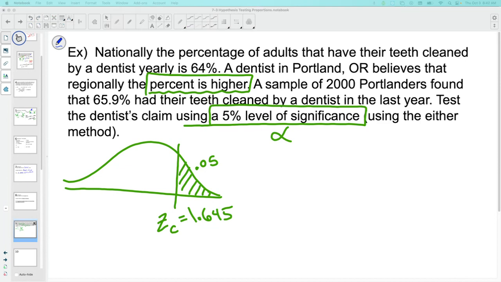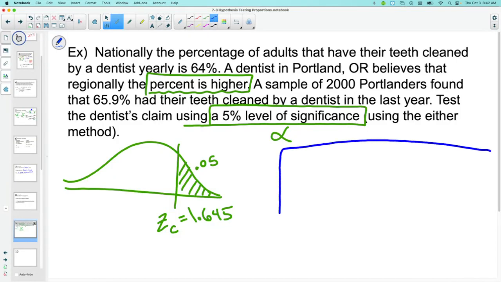Minus the z-score. So on this one, no, here, wait. For the setup, are we okay on that part? Yeah. Setup's okay.